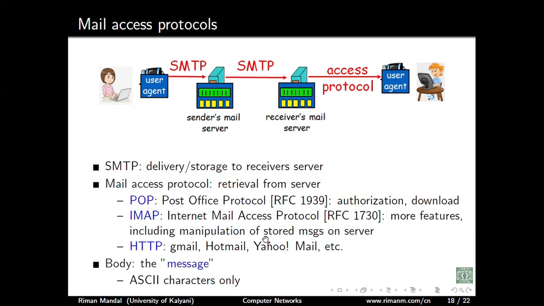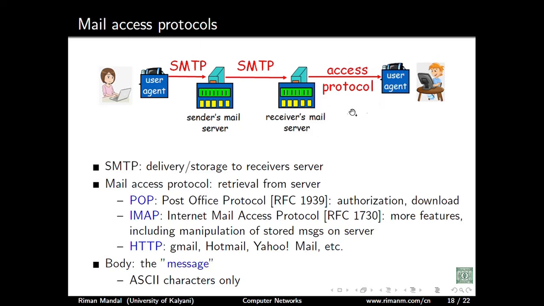Now we have seen that the user agent will use SMTP to send a mail to its mail server. Then the sender's mail server will use SMTP to send the mail to the receiver's mail server. Now we need another protocol called a mail access protocol.